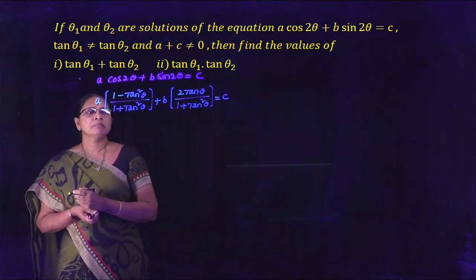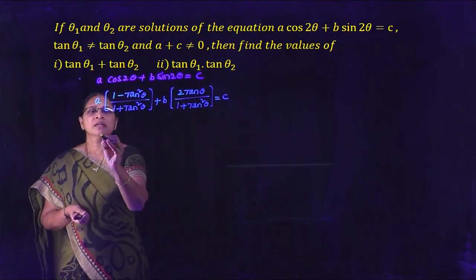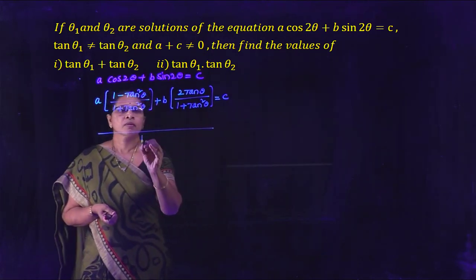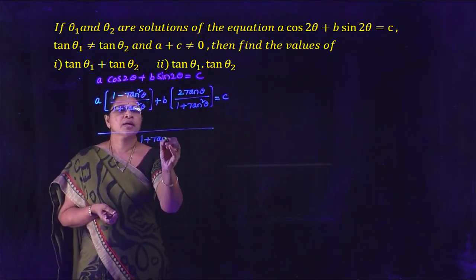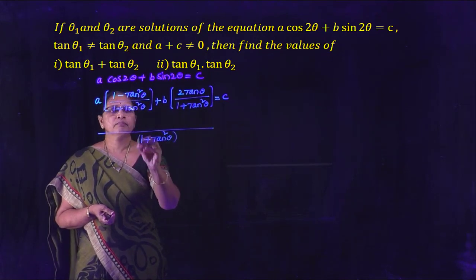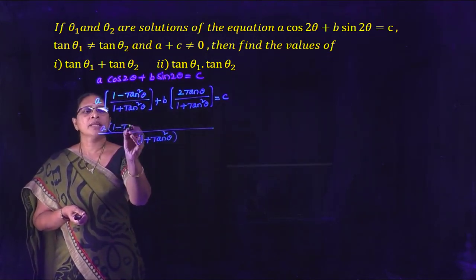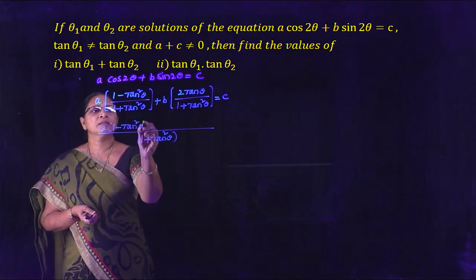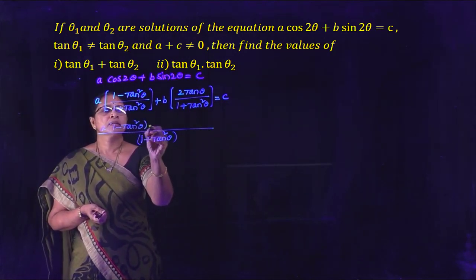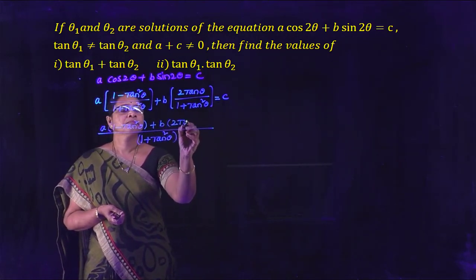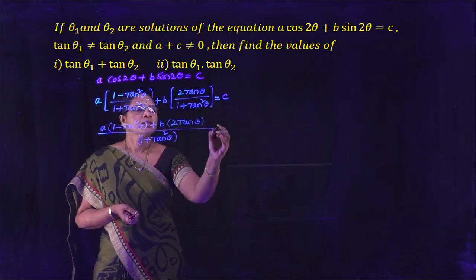Take LCM on the LHS. LCM is 1 plus tan square theta. Here the numerator is a into 1 minus tan square theta plus b into 2 tan theta, equal to c.